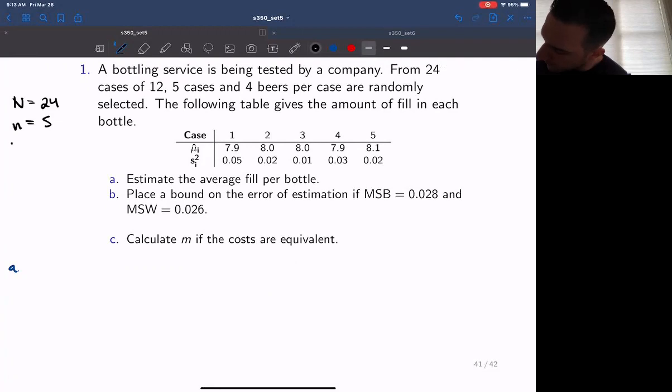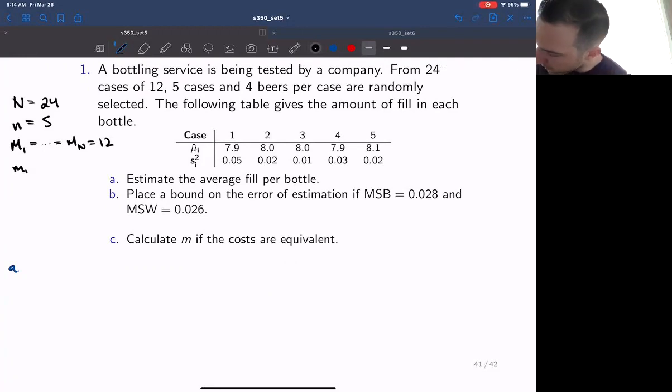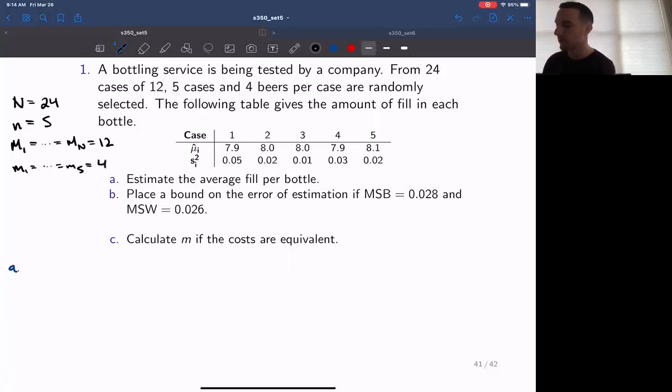And then we would have capital M1 to capital MN is equal to 12 because we have 12 bottles per case. And then we would have little m1 to little m5 is equal to 4.